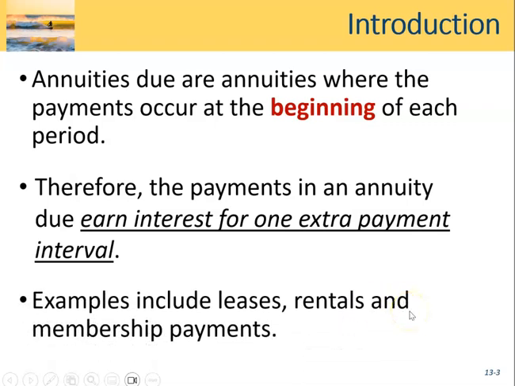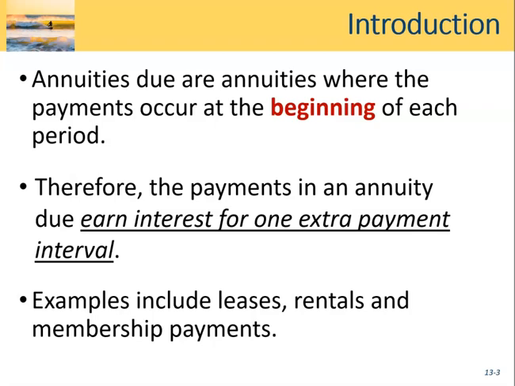Okay, so again, annuities due are annuities where the payments occur at the beginning of each period. Therefore, the payments in an annuity due earn interest for one extra payment interval. Okay, so think of it this way.